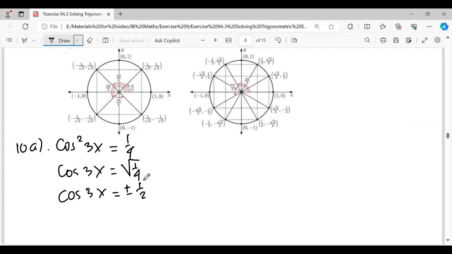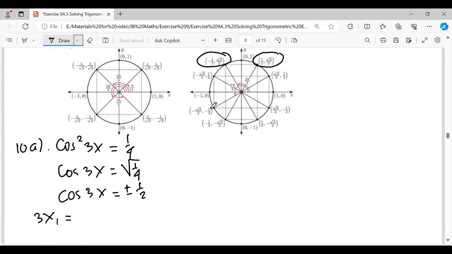So cosine 3x equals plus or minus half. Now, let's define x1. 3x1 equals the angle where cosine has value half. This one, half and negative half.